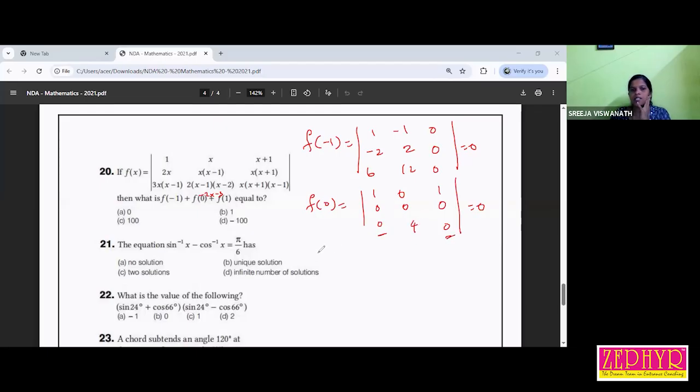And f of 1: the two columns are the same, so this is also 0. So the final answer is 0.